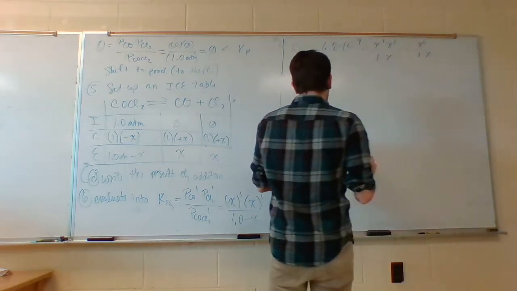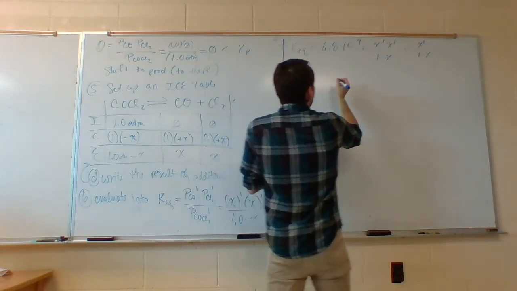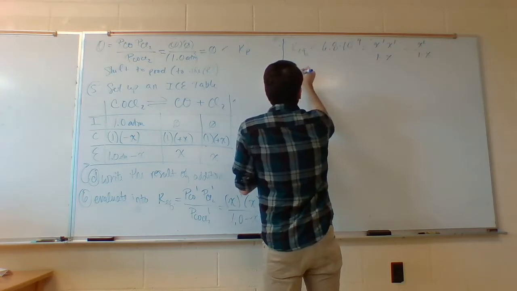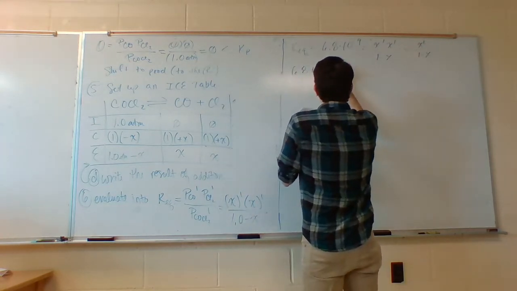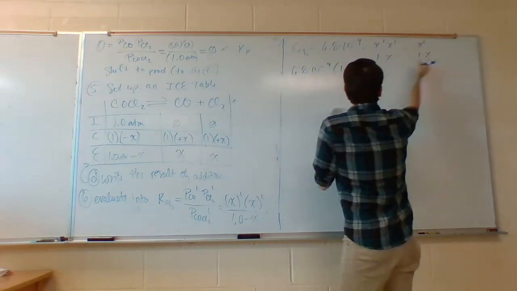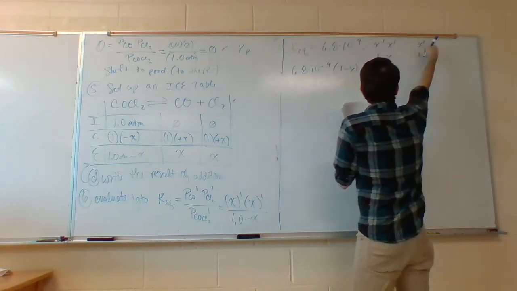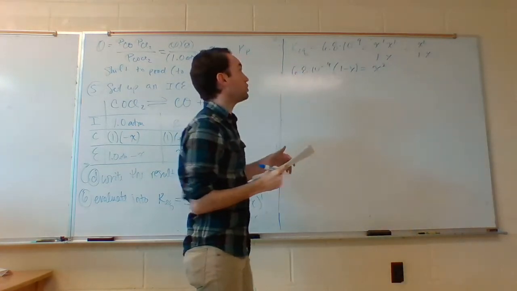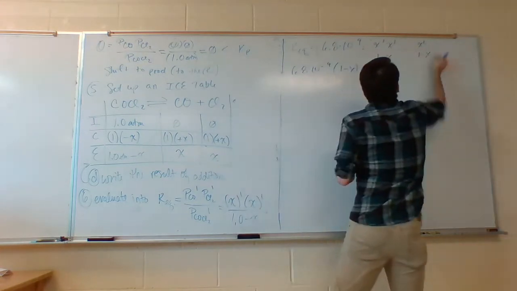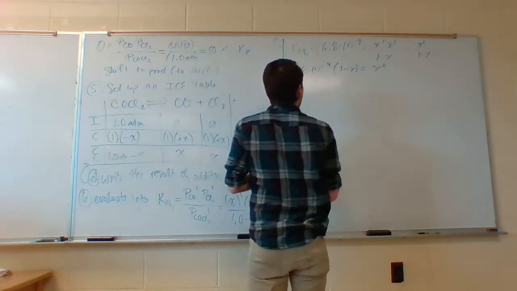Now, at this point, okay, I'm going to cross multiply. All right, so I have 6.8 times 10 to the negative 9 times 1 minus x, right? I took my 1 minus x and I multiplied it over there, and I took the 1 that's on the denominator here and multiplied it by that, so I get x squared. Again, you're just cross multiplying this part. Okay, so I now have this expression.